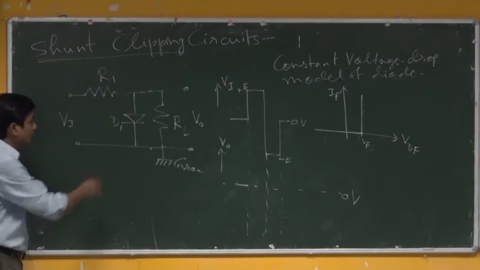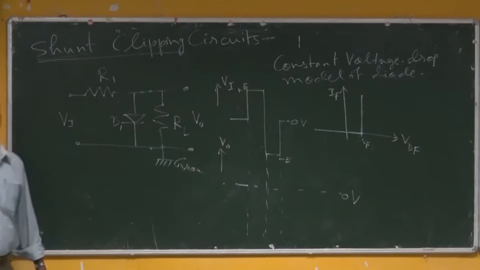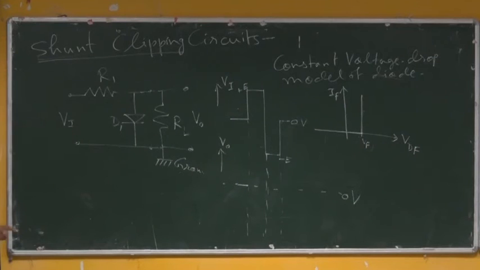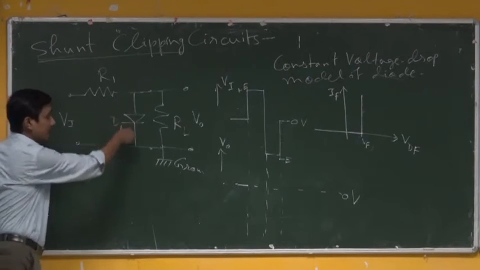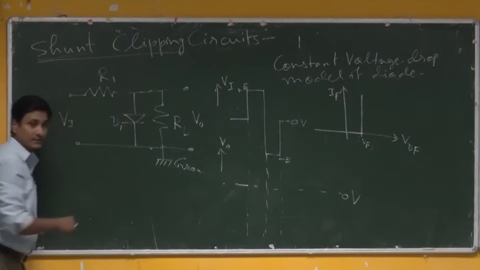So, what happens to this circuitry when it achieves this plus E volt? In that case, I will consider whether the total voltage across it is more than Vf or not. The time I find that it is more than Vf, that means current will start flowing there.